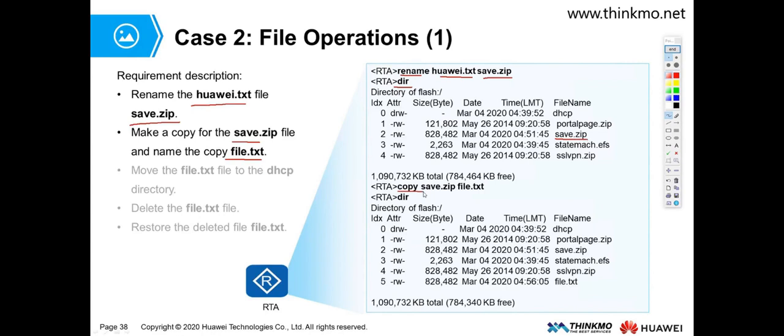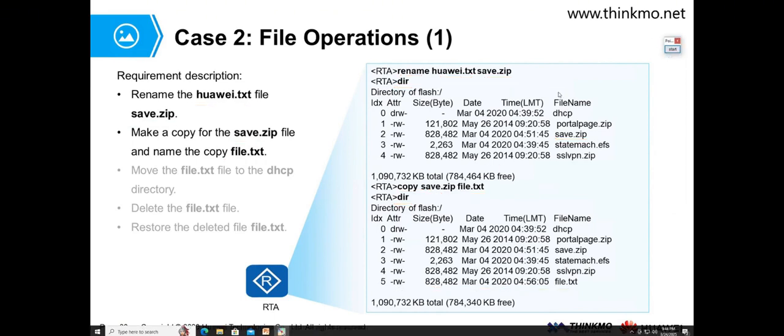By copying it, a duplicate will be generated. We can define the name of the duplicate at the end. After defining it, if we then use dir to query it, we can see there is a duplicate here, and its file name has been renamed by us.